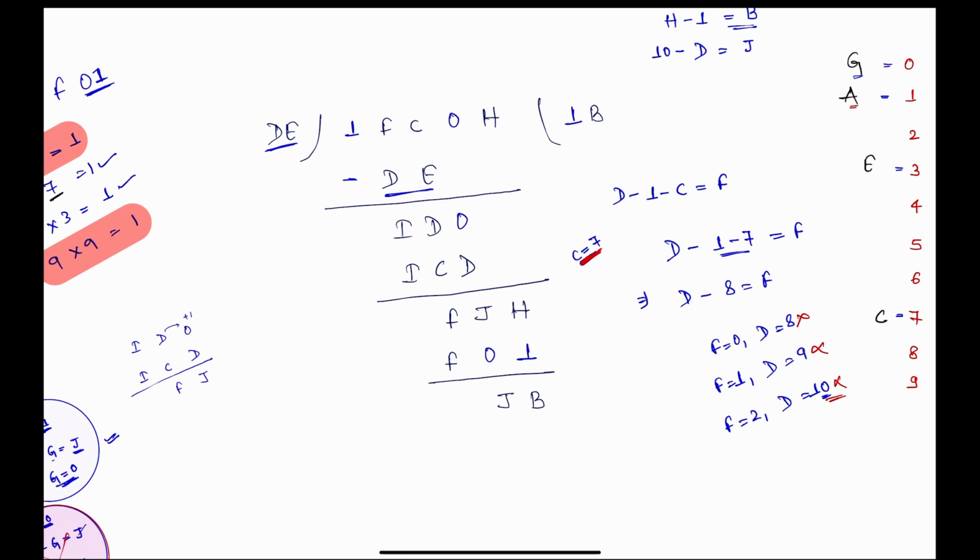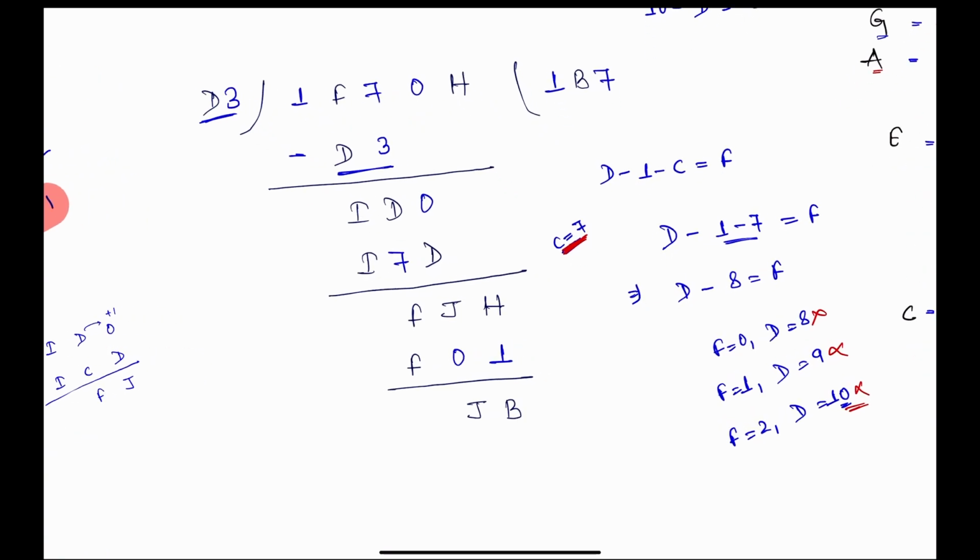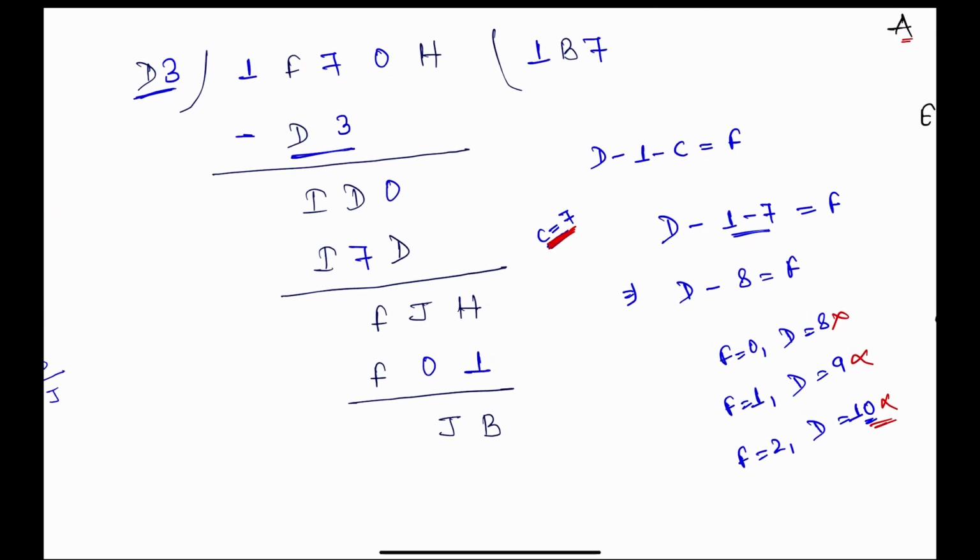Once you find a small string where we can attack, C is 7 and our E is 3. Anything left?